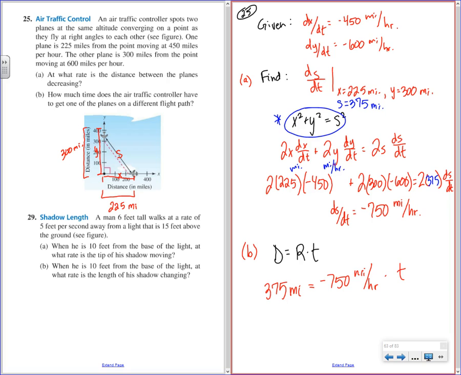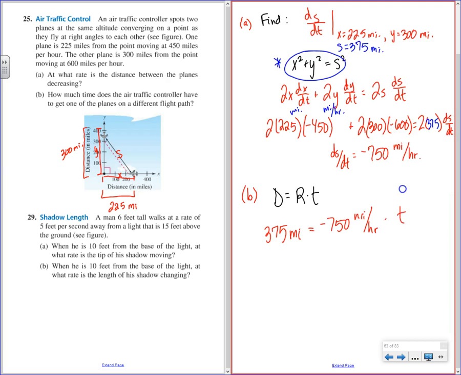Another way of looking at that is multiplying by the reciprocal. So 375 miles, build the bridge, get rid of what you don't want. I put the negative 750 down there with the miles, because I need hours. You can think of it mathematically with a formula, or think of it as, I need the miles to cancel, I need the hours to stay, so I'm multiplying by the reciprocal of the rate.